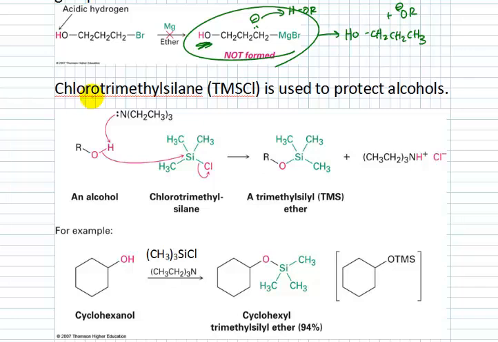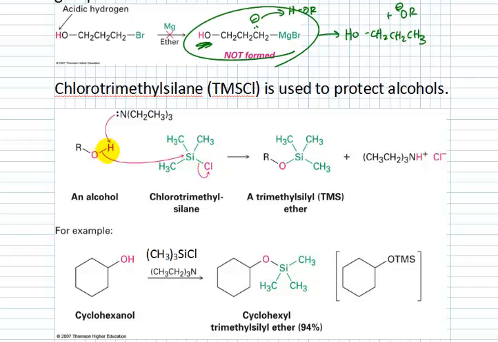So we'll use chlorotrimethylsilane, so TMS chloride, in order to protect our alcohols. You may remember TMS from NMR. That's actually tetramethylsilane. Here we have trimethylsilane, so silicon, 3 methyl groups, and a chloride. So what happens? We have an alcohol.